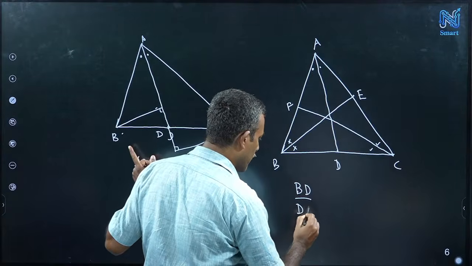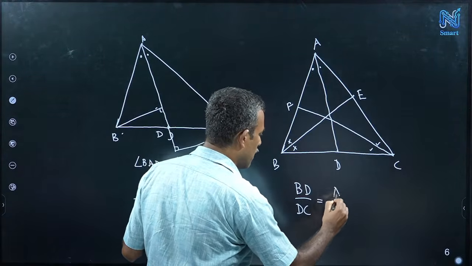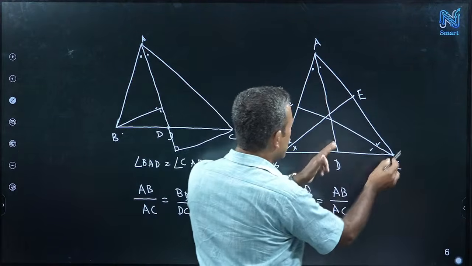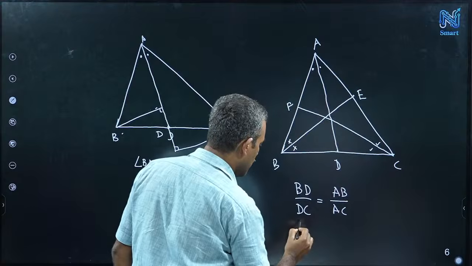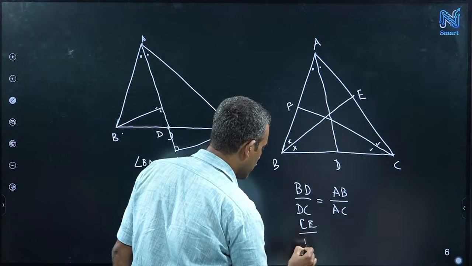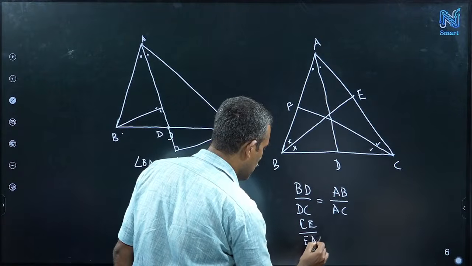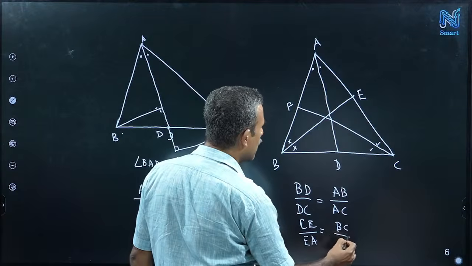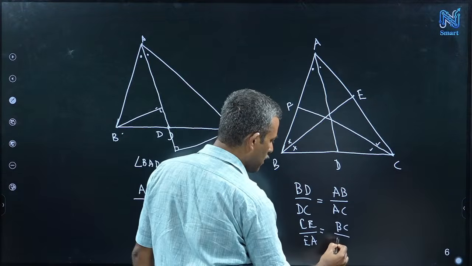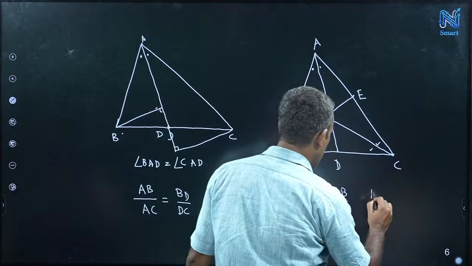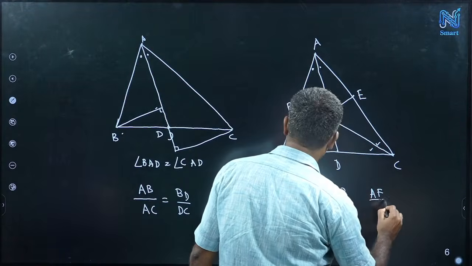We already proved by the angle bisector theorem that it is AB by AC. Now what is CE by EA? It is BC by AB, right. And the last one, what is AF by FB?